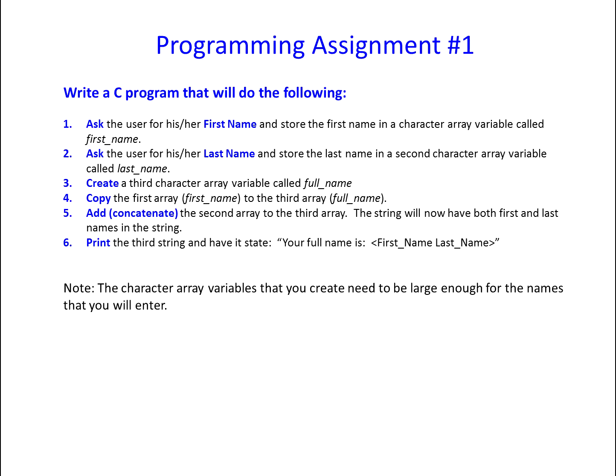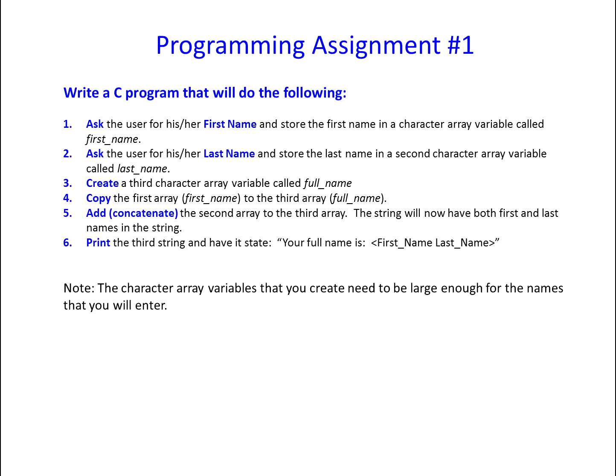Now you need to create a third character array called full_name. The size of this array needs to be twice the size of the previous two. Then you need to copy the array first_name into the third array full_name, and then concatenate last_name to this third array as well.